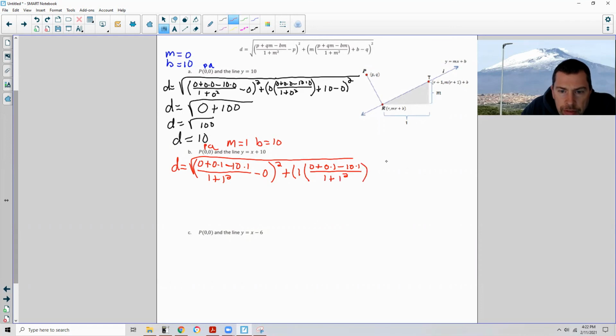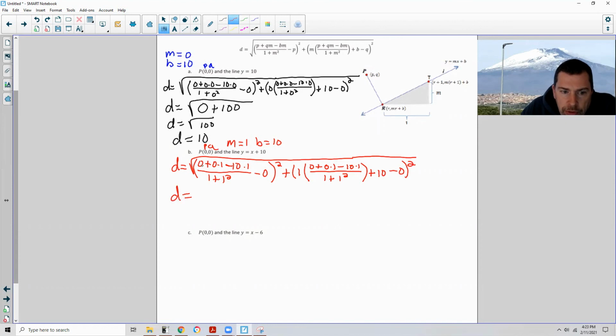Close the parentheses, plus b 10 minus q 0. Close the parentheses again, squared, and extend my square root symbol.